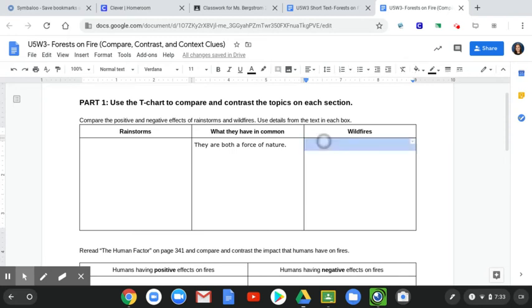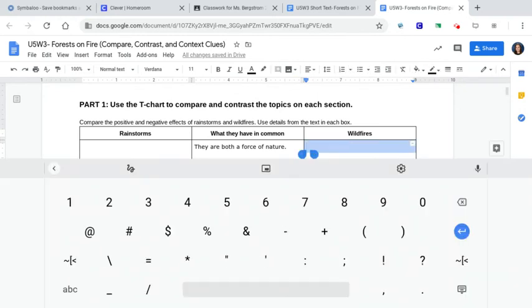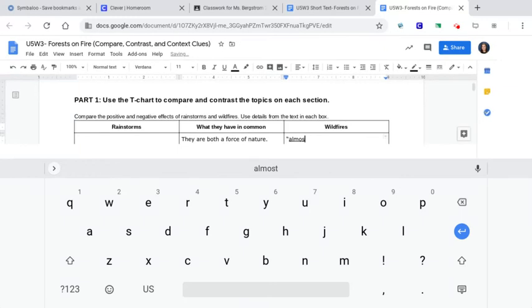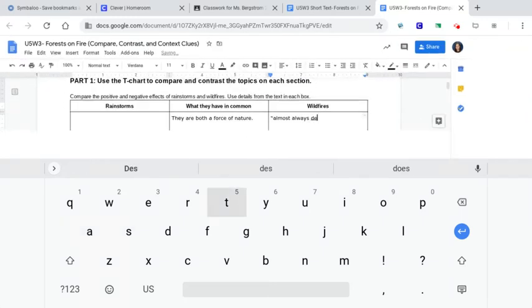Wildfires, they are, and I can actually quote this one because I remember what it said, or I can look back to. So quotation marks here. They are almost always destructive.